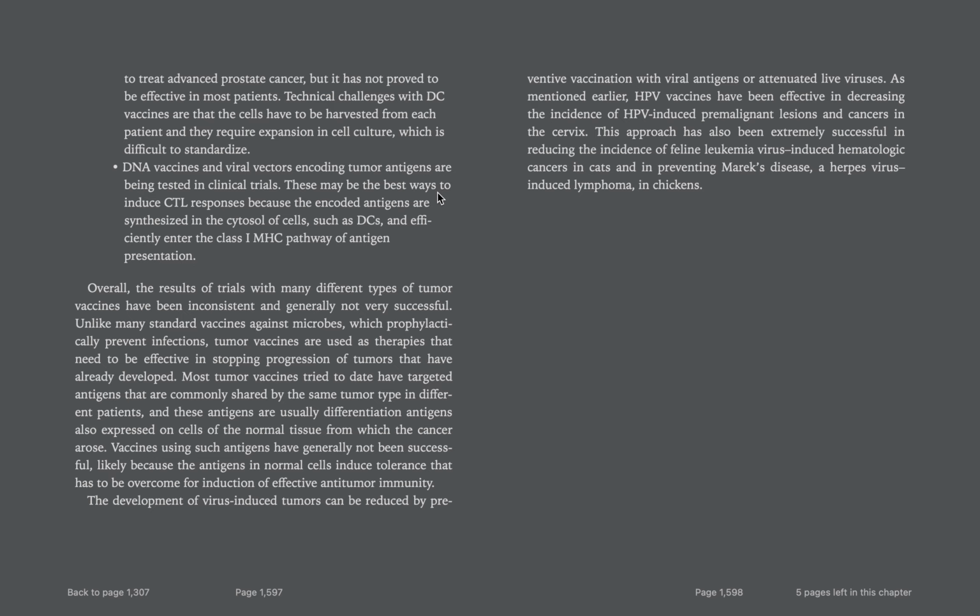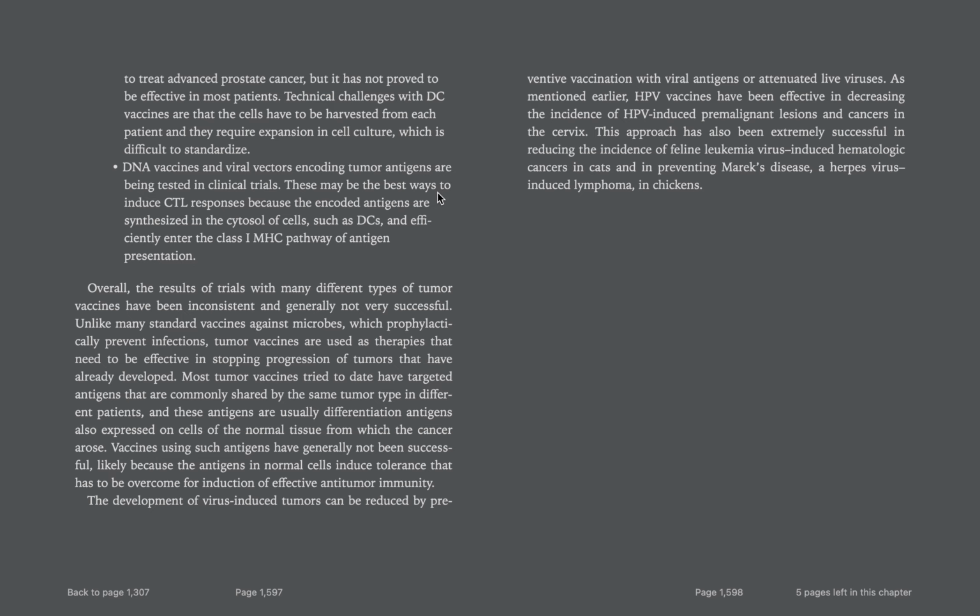Unlike many standard vaccines against microbes, which prophylactically prevent infection, tumor vaccines are used as therapy that needs to be effective in stopping progression of tumors that have already developed.